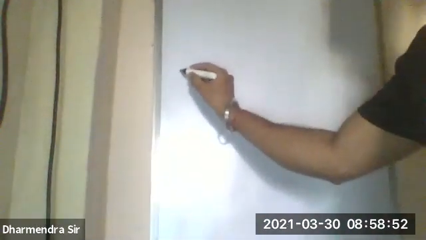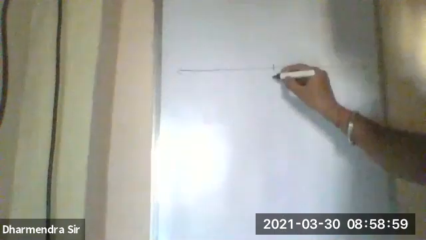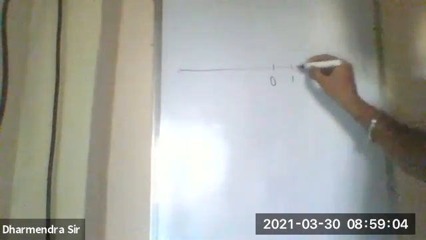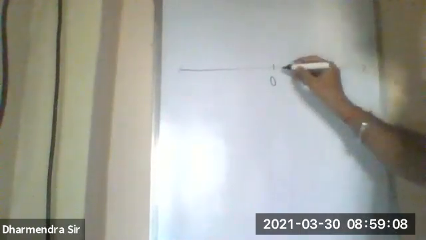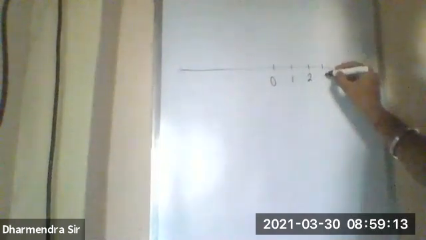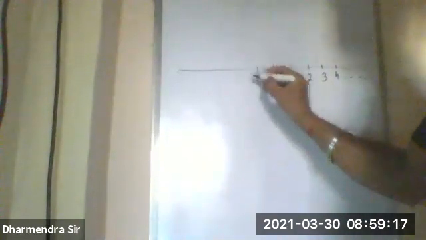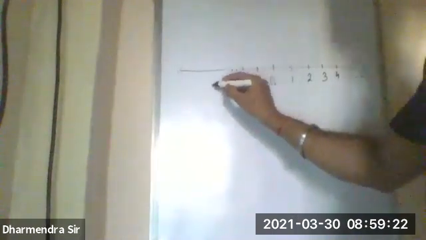The number line says we have a line on which we have zero in between, at a distance of 1 centimeter we have one, on the right-hand side, and so on. We have -1, -2, -3, and so on.